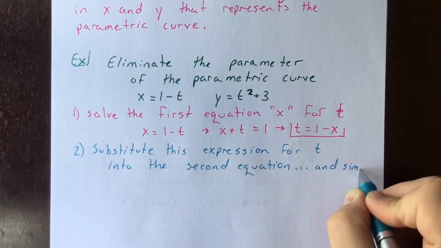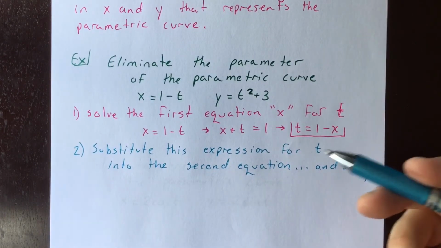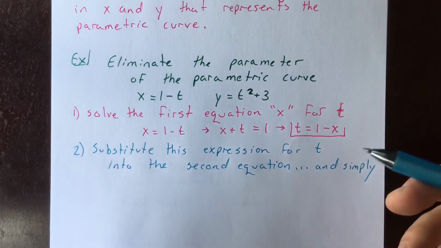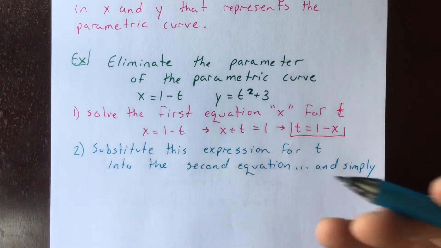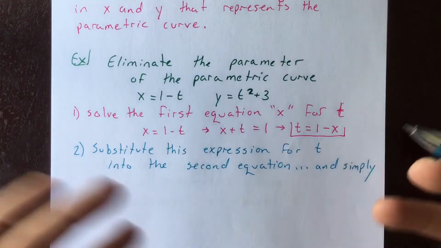I was debating whether or not to make that a third step, but if you just did substitute as the second step, that's a really quick step, so I put those two together.